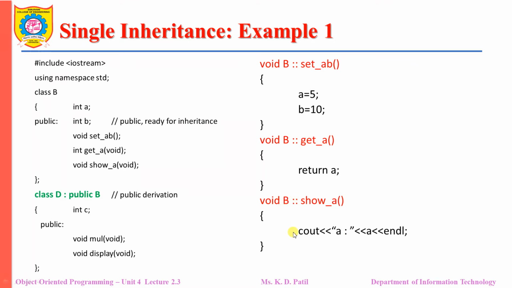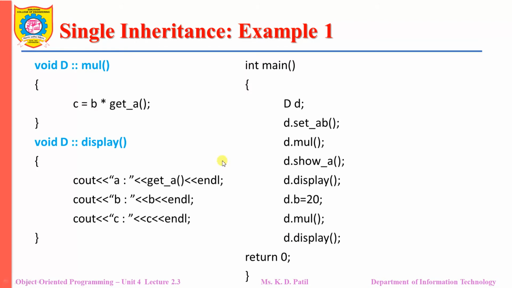Now, let us see how mul and display are defined. mul is the member function of class D and display is also a public member function of class D. Multiplication is going to happen over here: multiplication of A and B, and it will be stored in variable C. Variable C is the private data member of class D, but it is accessible to class D as it is its own member.